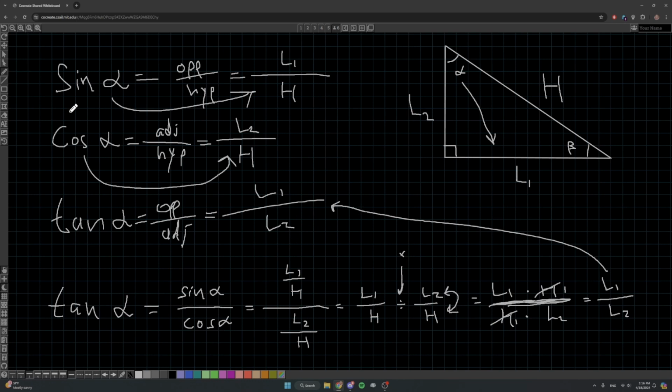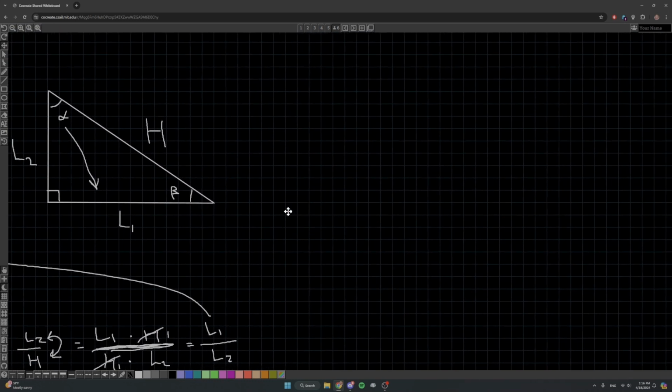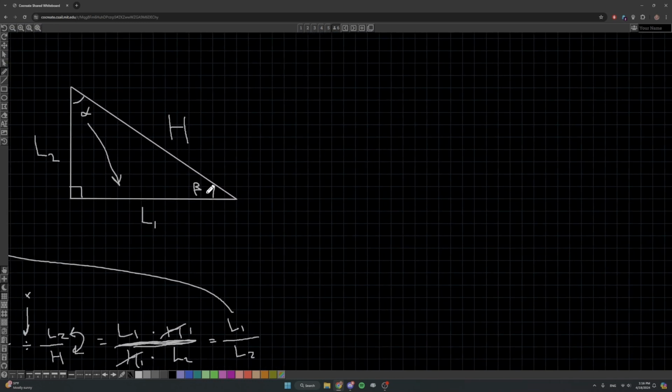That's all I did. And now I want us to go over, and let's do this from beta's point of view. So sine of beta is going to be opposite over hypotenuse. So first thing we do is we find the opposite of beta. We draw out our line to get to L2, and our hypotenuse is h.